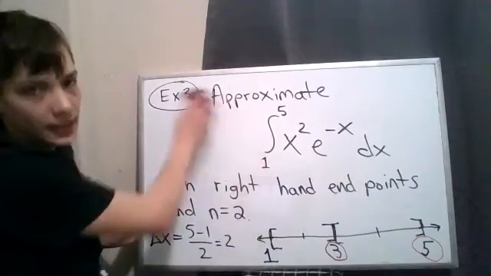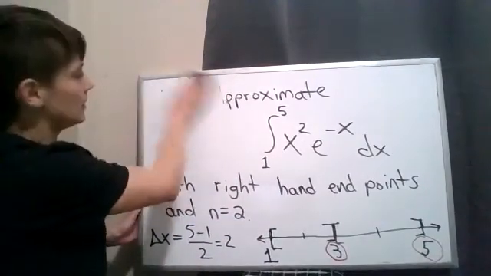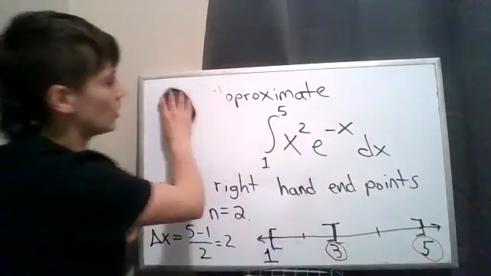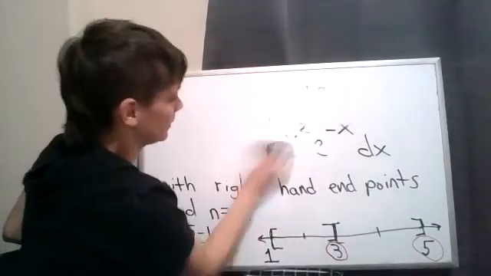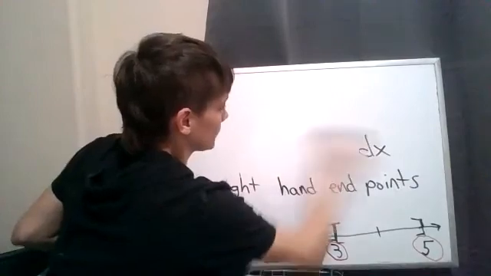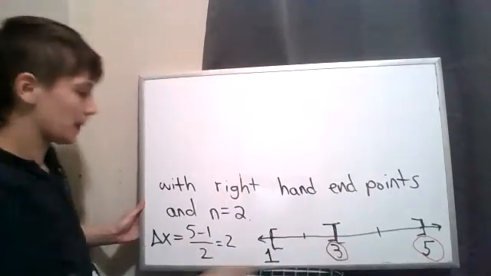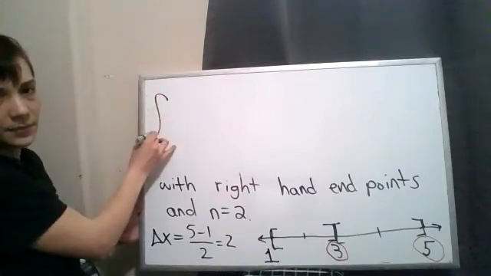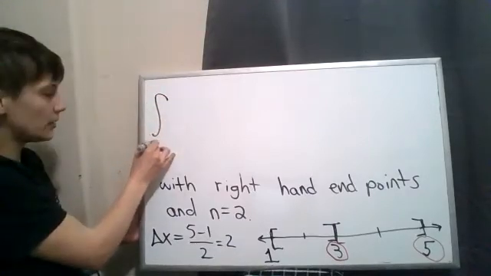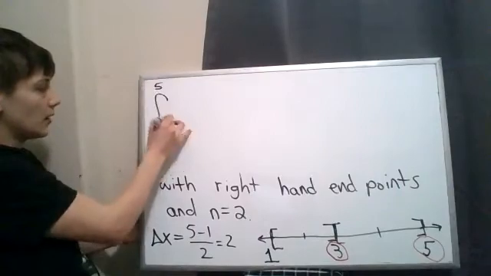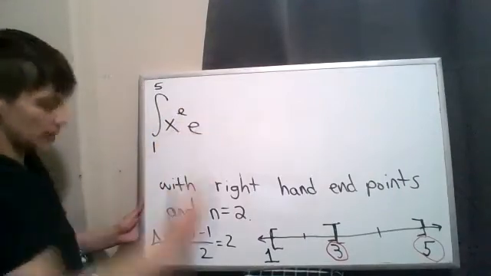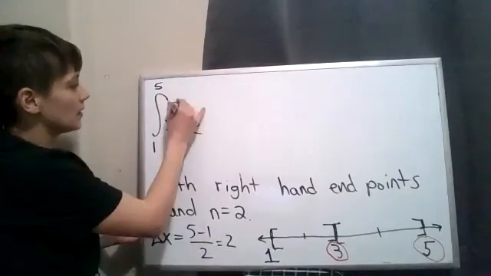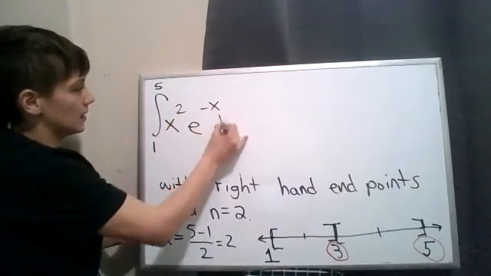Okay. I think it's good to just rewrite the problem and then put together the approximation. So we're looking for an integral from 1 to 5, x squared e to the negative x dx.